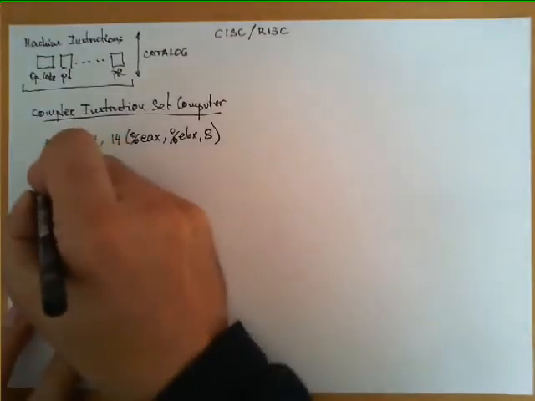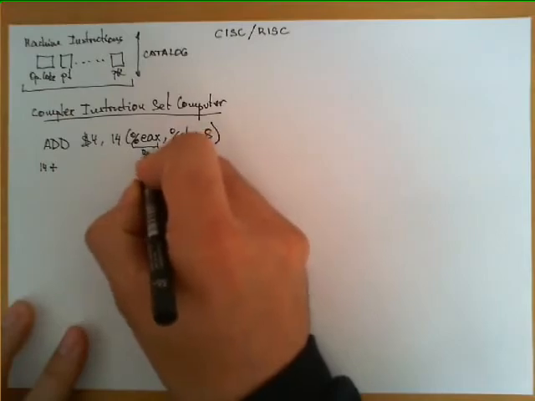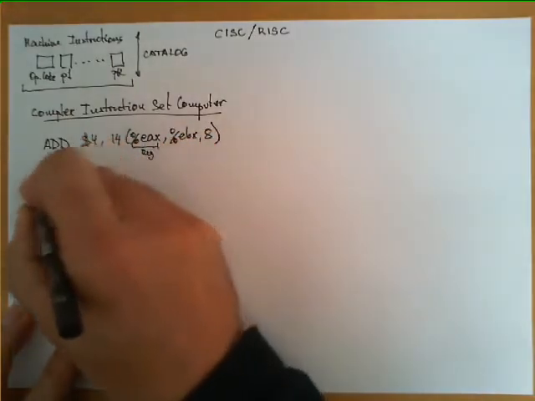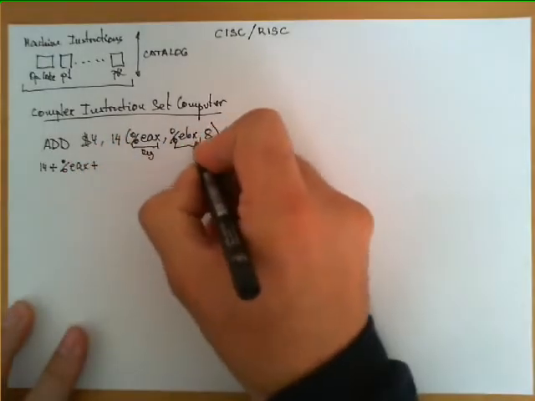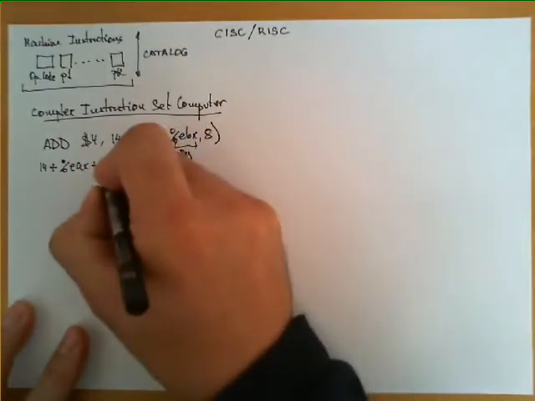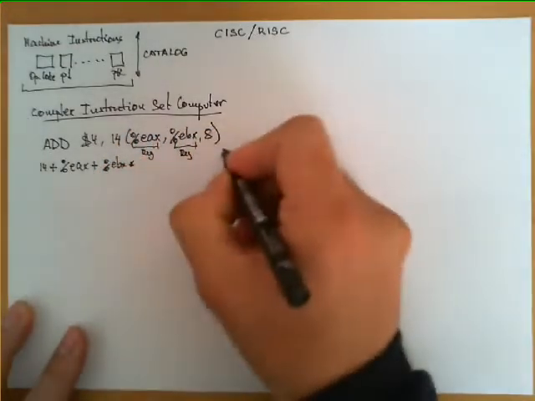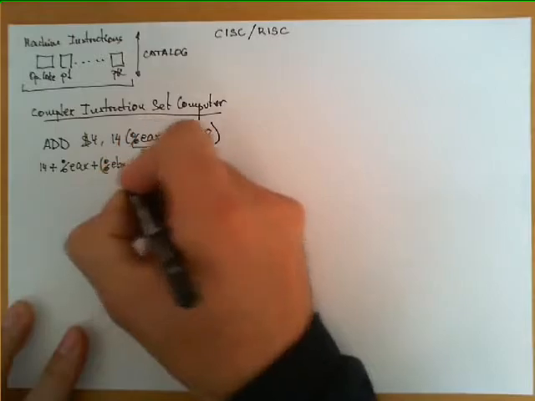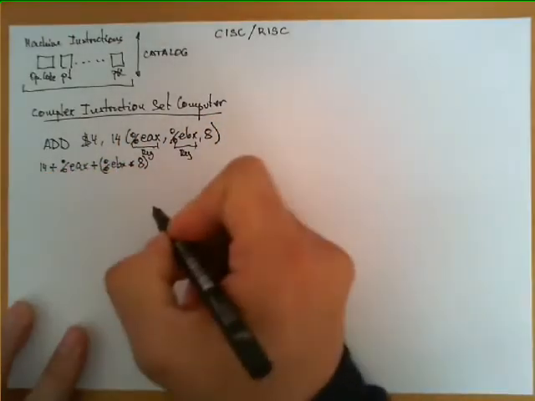It's taking the number 14 and adding it to the content of this register, EAX. EBX is another register, and its value is multiplied by this number 8 we see at the end, and the result is added to EAX plus 14.